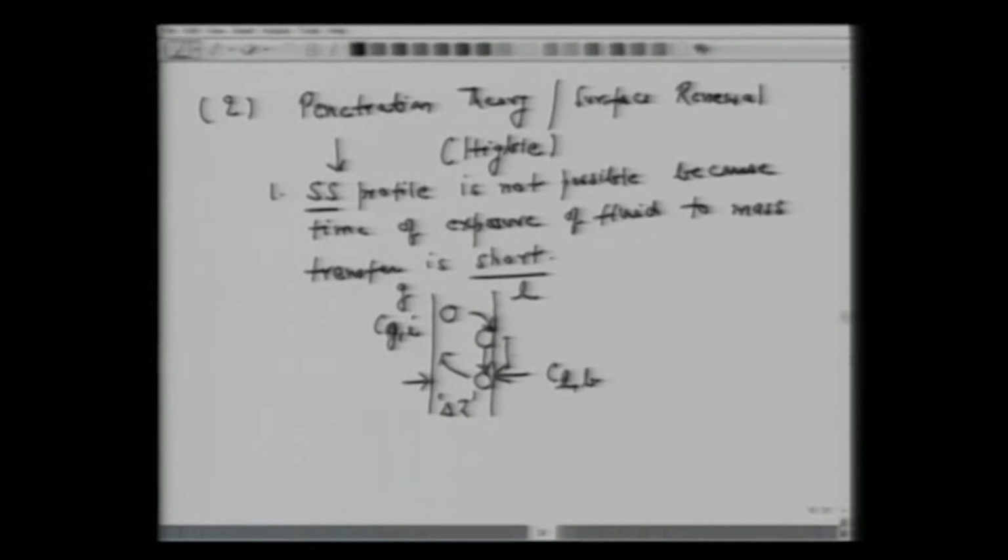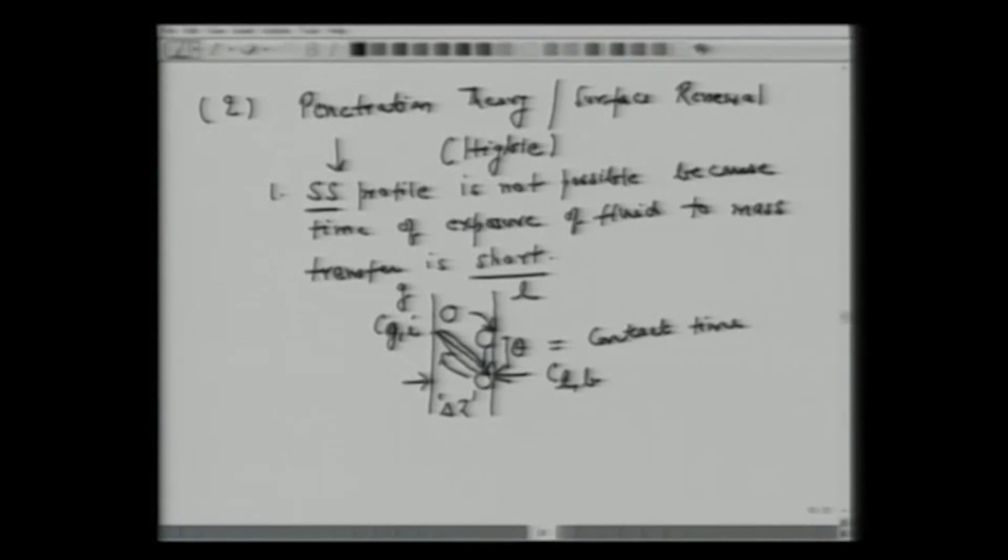So this is the time we are talking about, the contact time, which is very short. And this time is so short that the concentration profile which develops between C_Gi and C_L does not remain steady or linear, and it changes with time, etc.